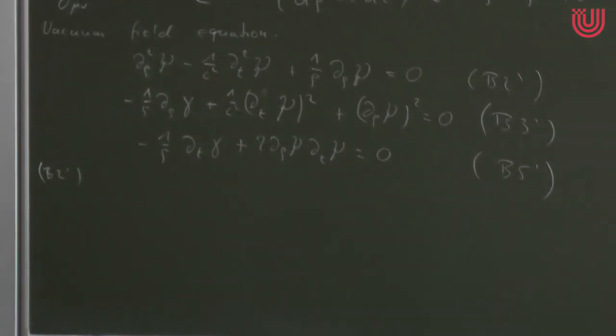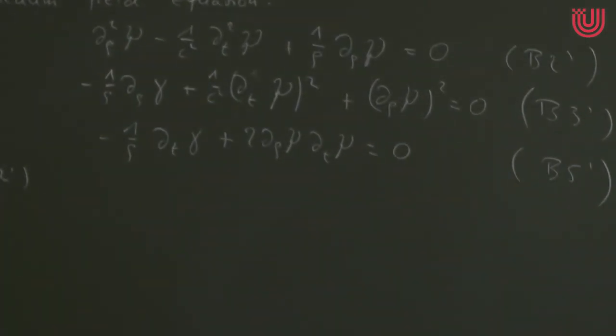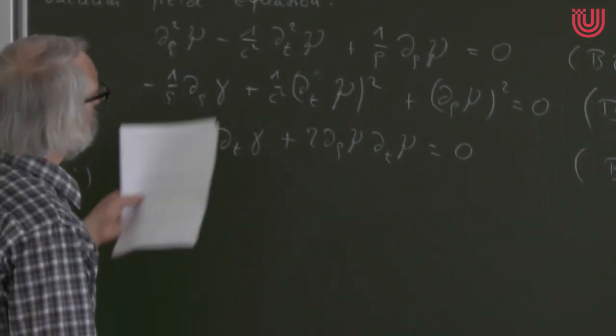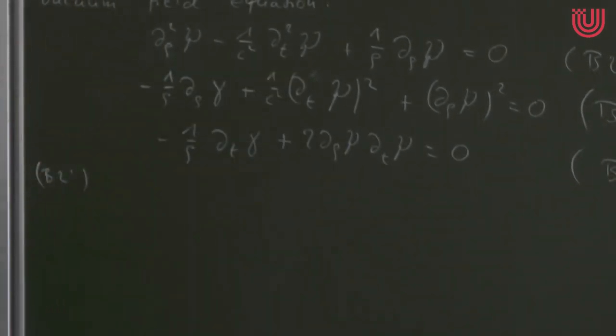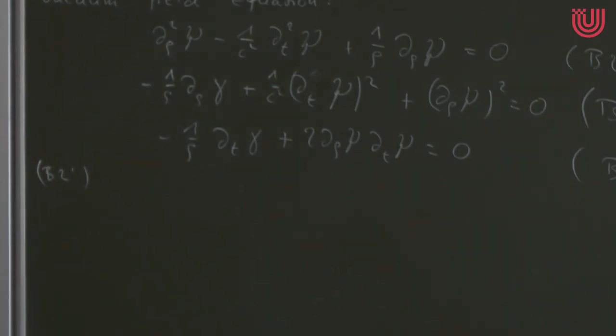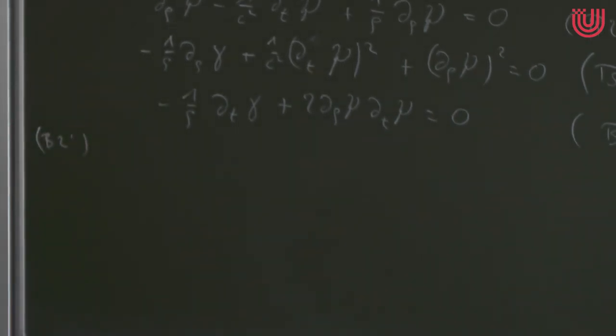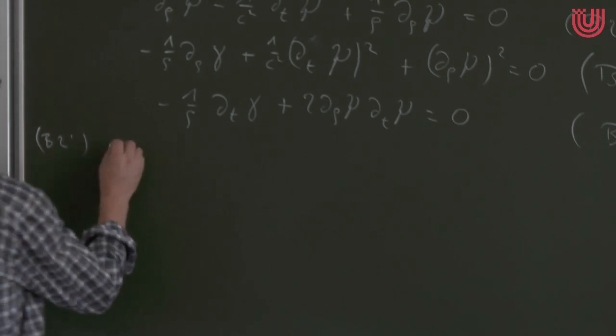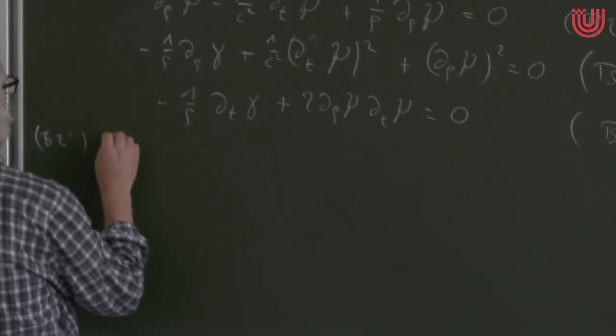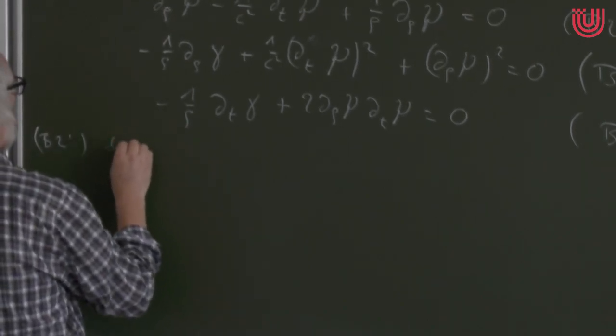And the solution is well known. If you split off a time factor, cosine omega t or sine omega t, then what you are left with is just the Bessel differential equation for the function psi of rho, which has a general solution.